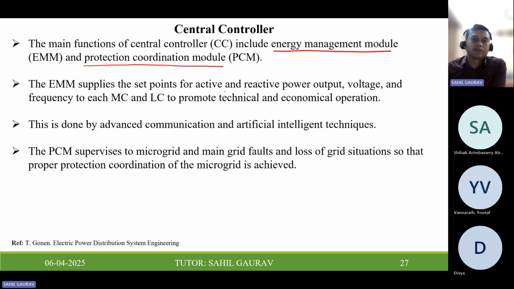EMM supplies the set points for active and reactive power output, voltage and frequency to each micro source controller and load controller to promote technical and economical operation. This is done by advanced communication and artificial intelligence techniques. The PCM supervises the microgrid and main grid faults and loss of grid situations so that protection coordination of the microgrid is achieved.